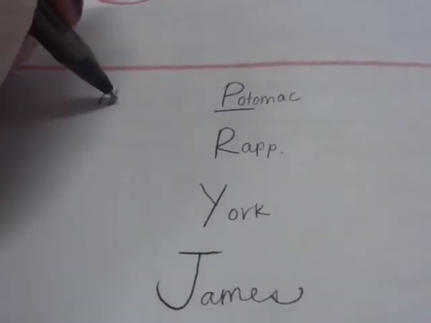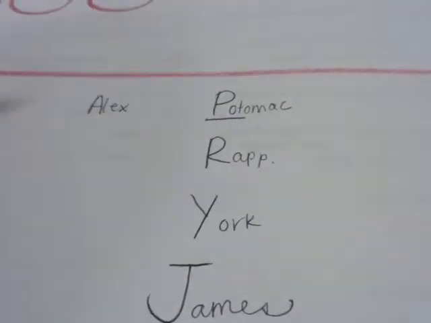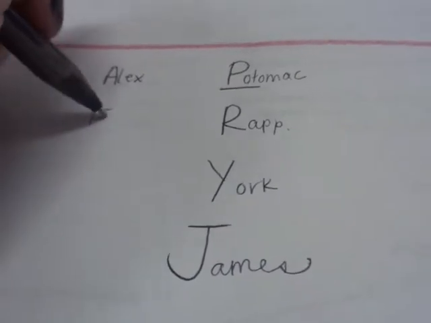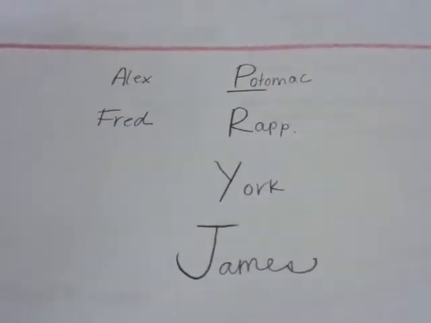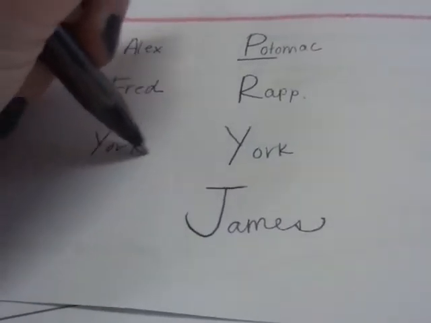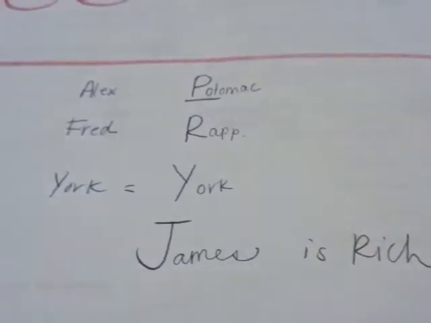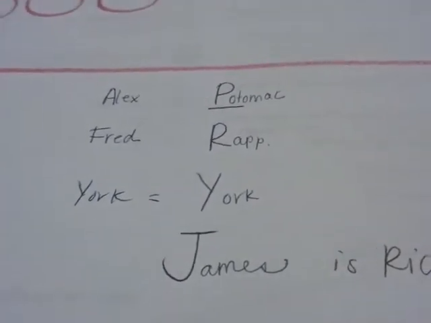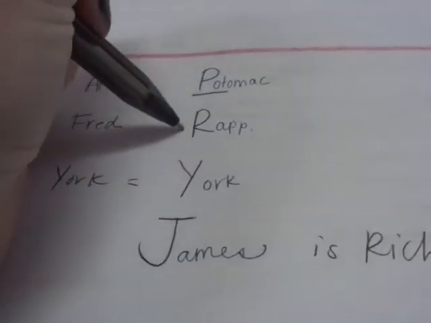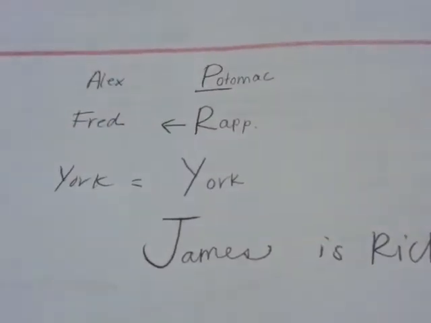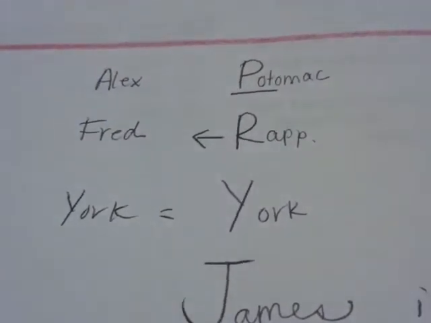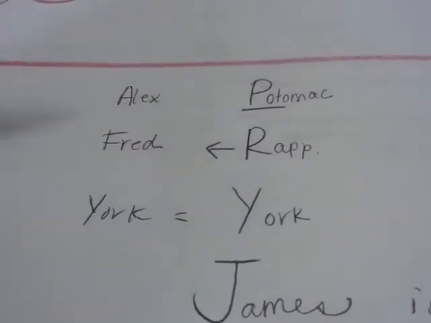So the first one was, Alex has a pot on his head. Fred likes to rap. York equals York, and James is rich. So all of these little sayings help us remember the cities as well. So when we're looking on the Rappahannock River, the city that is on the Rappahannock River, it's not just Fred, it's Fredericksburg.